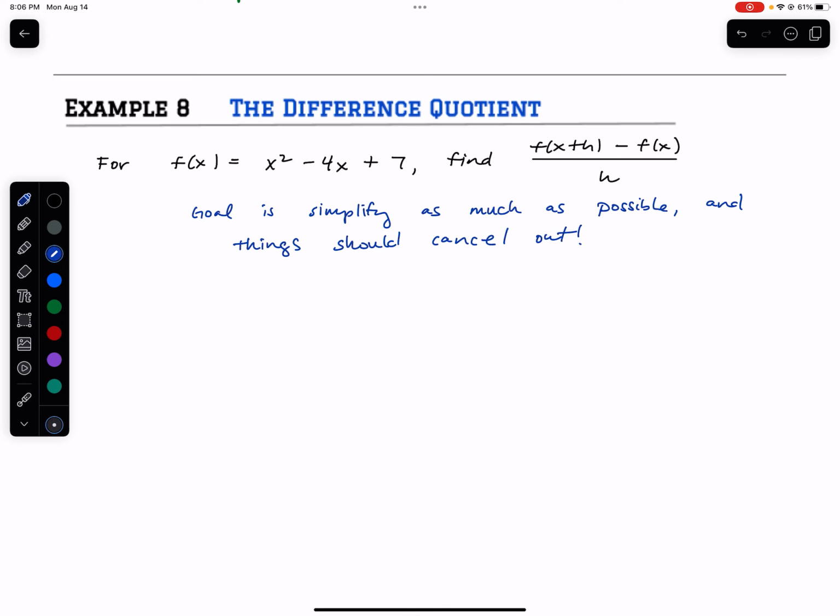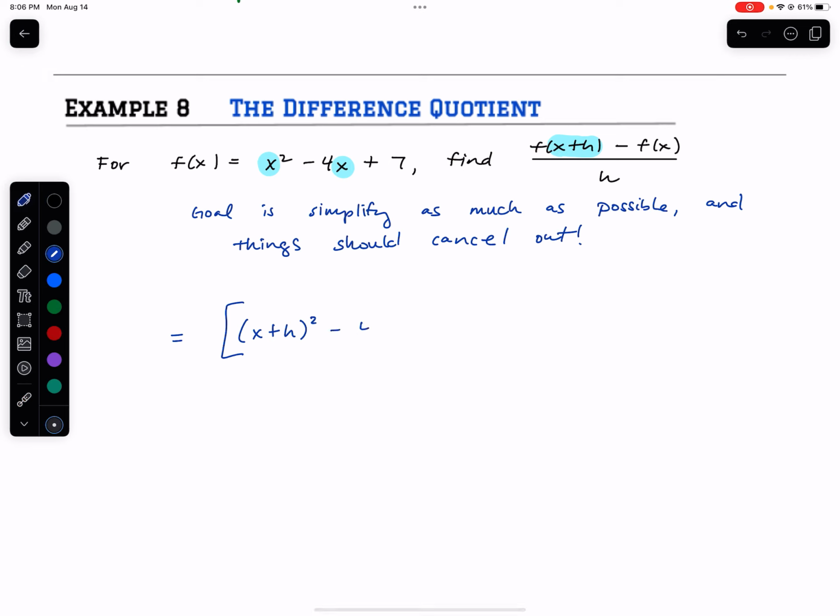Okay, so again, this is just function notation. So f of x plus h, this first part means that wherever you see an x, you're going to substitute it with x plus h. So at the beginning, we're going to replace every x with x plus h. So this is going to equal x plus h squared. I'm going to actually put a bracket around this. And then minus 4x, but remember we're changing the x to x plus h.